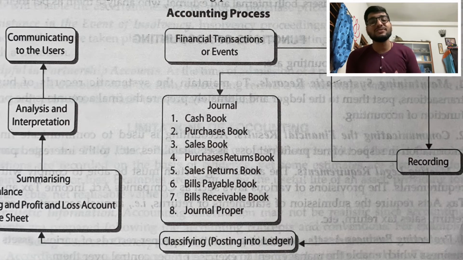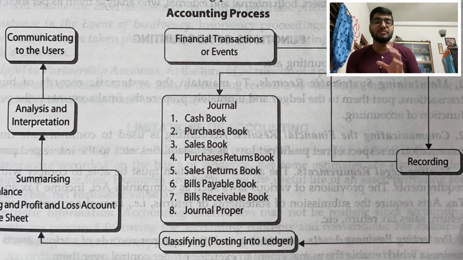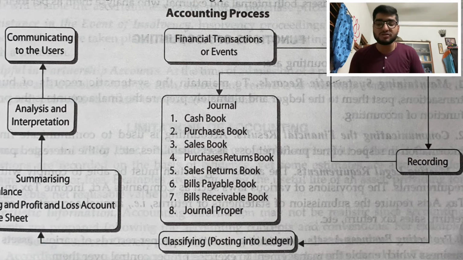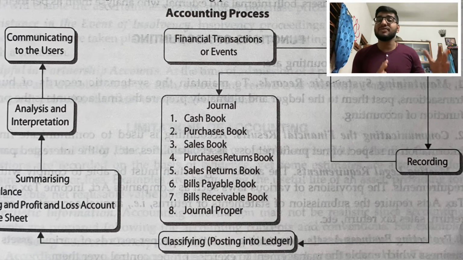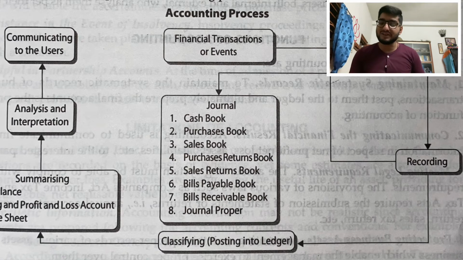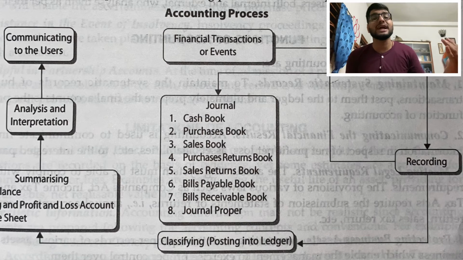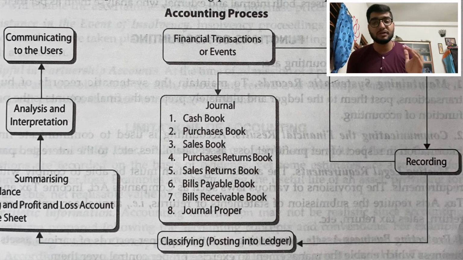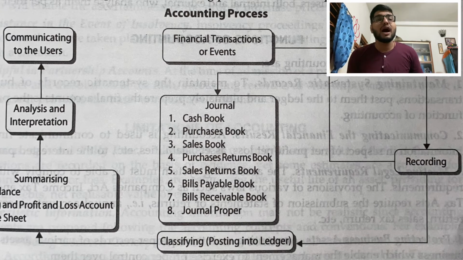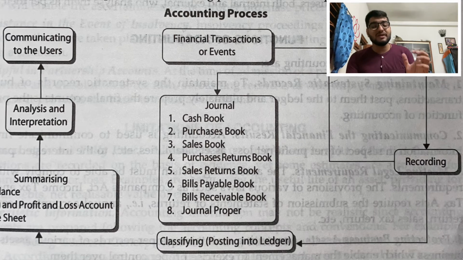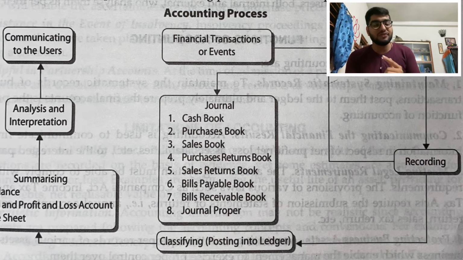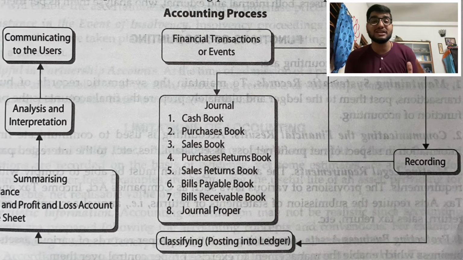Then we will be classifying it as ledgers. That means we will be making different books so that we can classify the transactions, that is making the ledger. Then after making the ledger, we will come to the next part, that is summarizing of the transactions. How could we summarize the transactions? We can make a trial balance, we can make a profit and loss account, then we can make a balance sheet.